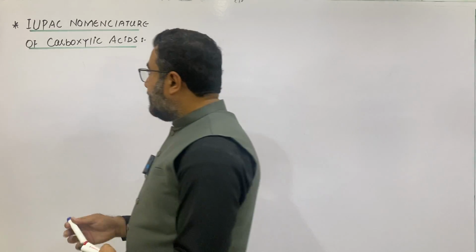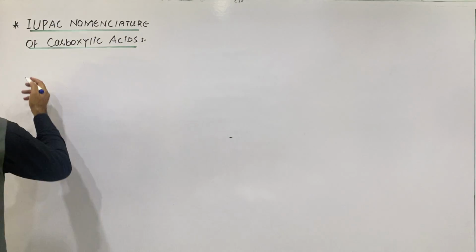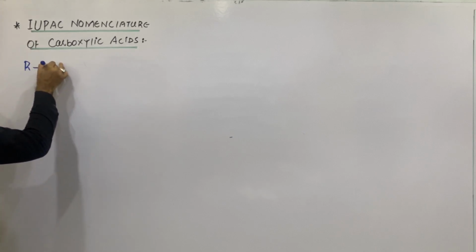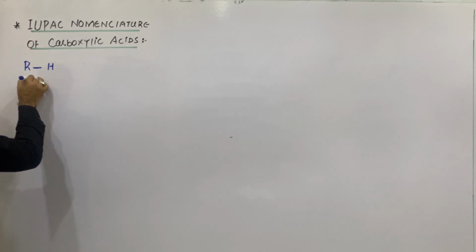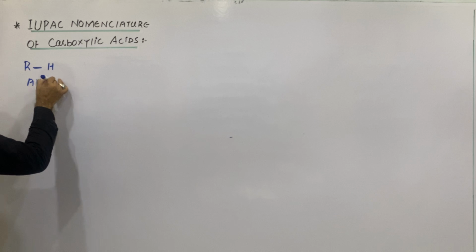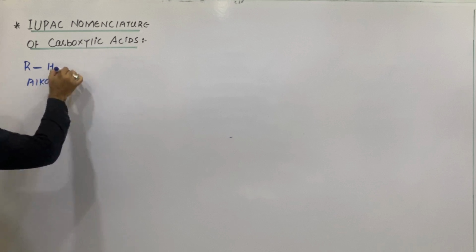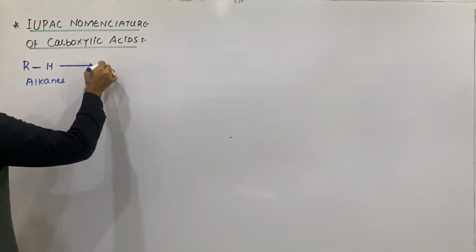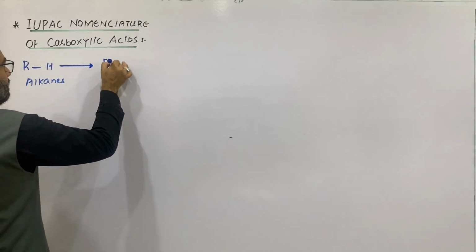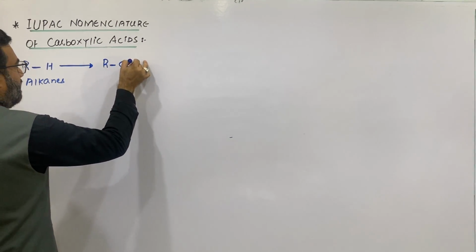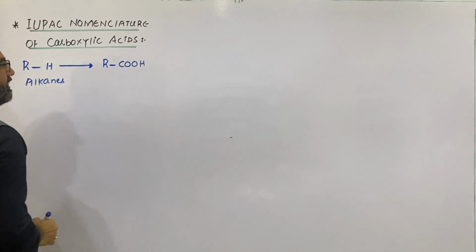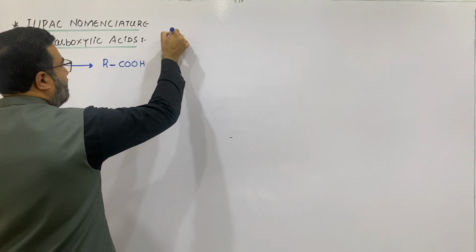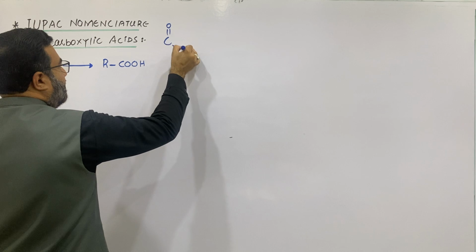Dear students, the simplest hydrocarbons are alkanes. If you replace a hydrogen of an alkane with a functional group, which is the carboxyl group, written something like this.